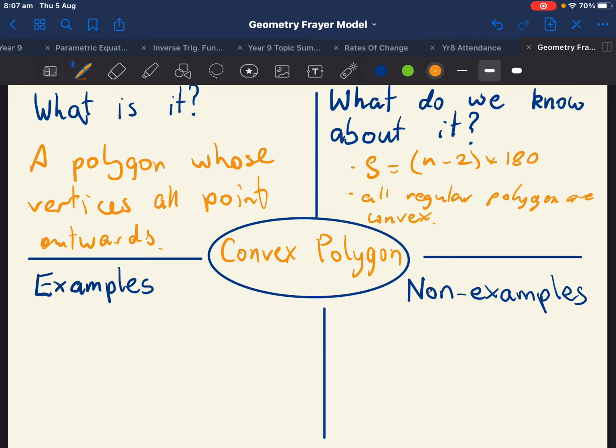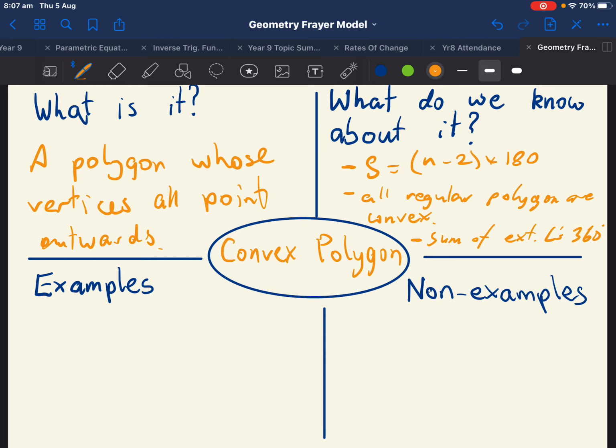And there's lots of other things we could put here because it is a polygon. Maybe I'll put the sum of exterior angles is 360 degrees.